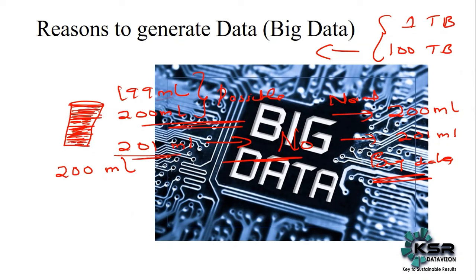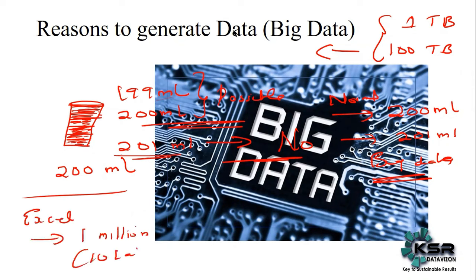Let me ask you a question. How much data can Excel hold? 10 lakhs is the maximum number of records you can have in your Excel. Now imagine this 10 lakh records take 1 GB.